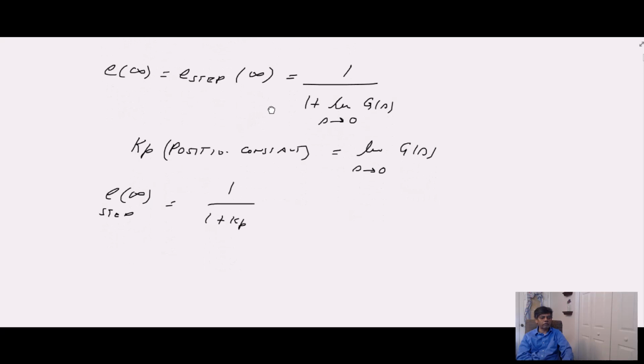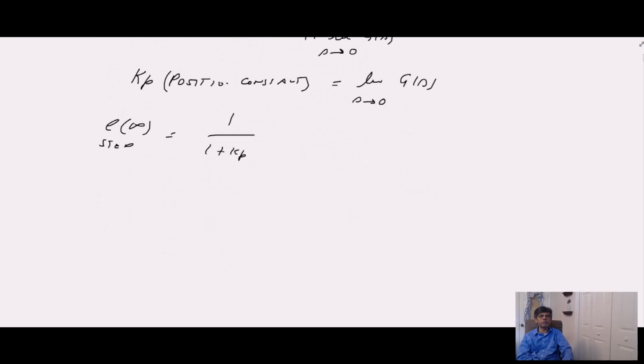So let's take a look at the ramp function now. For the ramp function, if you recall, the steady state error e_ramp(infinity), and we did this computation before too, was equal to 1 over the limit as s goes to 0 of sG(s). You recall that, right?